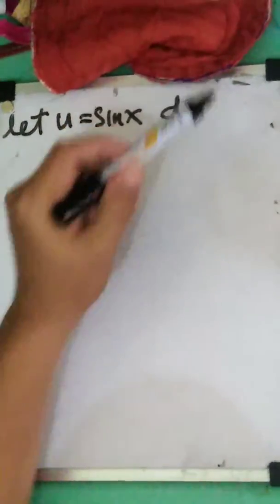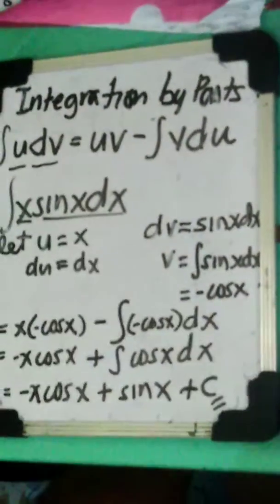Now, let's say we have another set of u and dv. u is sine x, therefore the rest of the given is your dv, which is x dx.